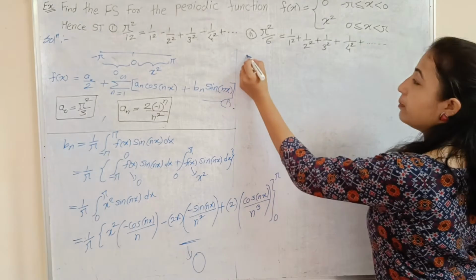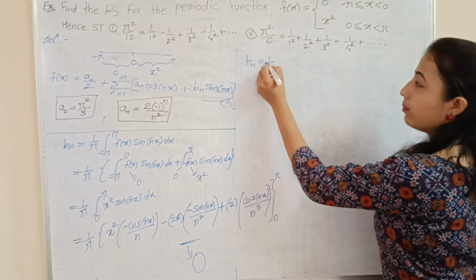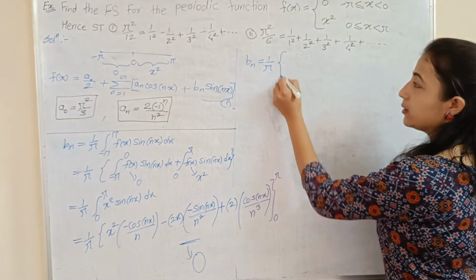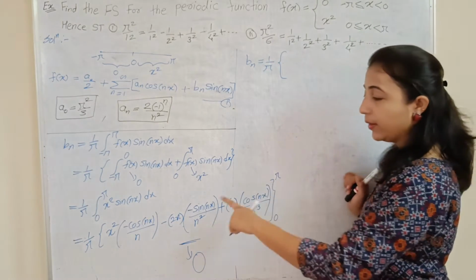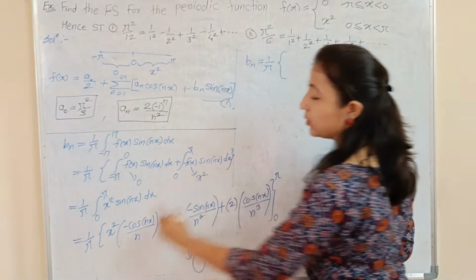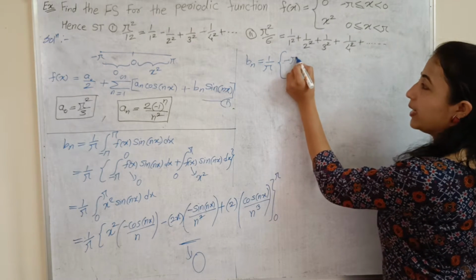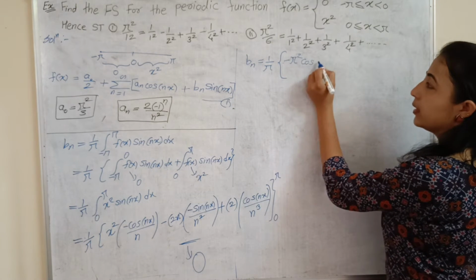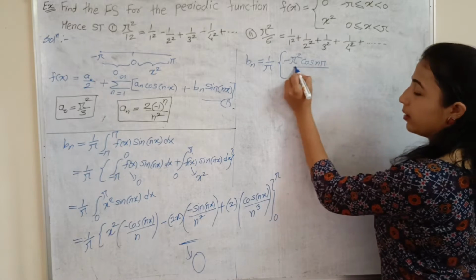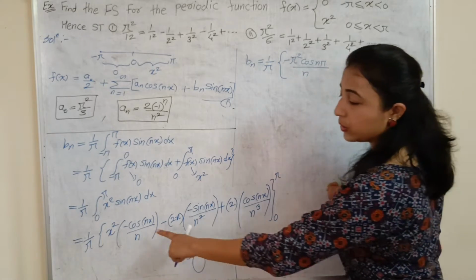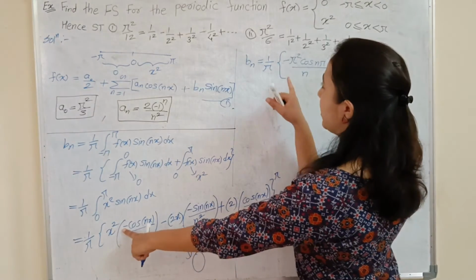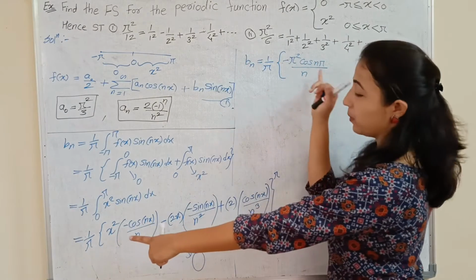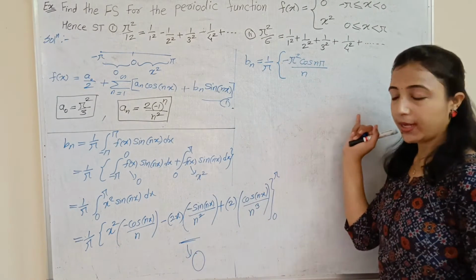So here bn is 1 upon pi, constant outside as it is. Put the upper limit pi. When we put pi here, it is minus pi squared cos n pi upon n. This minus sign is there, that's why we write minus. x is pi square, cos n pi upon n.